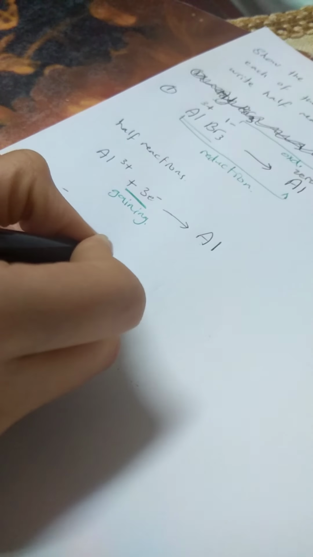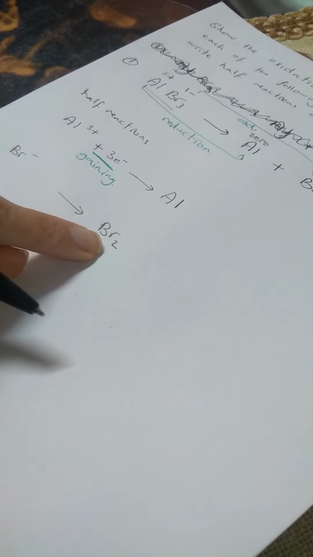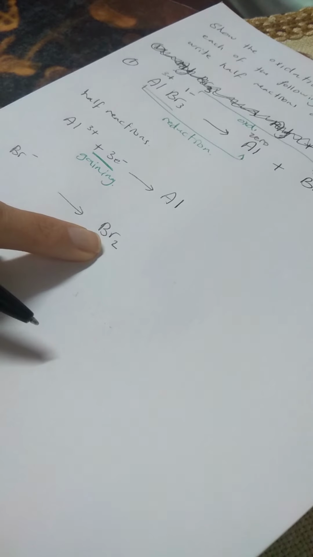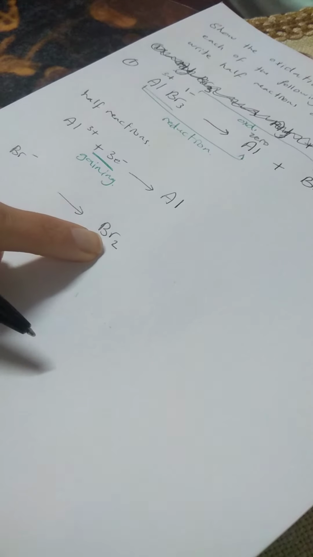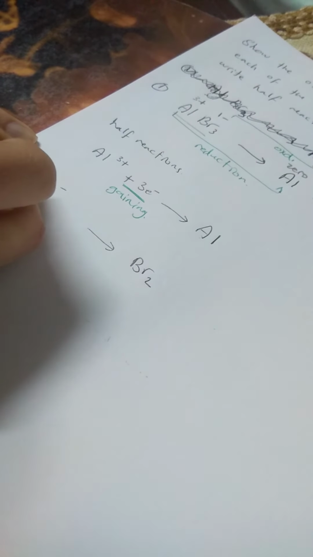Okay, this is the reduction. The oxidation: Br minus gives Br2. Bromine, as you know, is one of the elements that exist as a diatomic molecule, so it should be Br2. I can't omit the 2. Because it's Br2 here, I have to add 2 here.